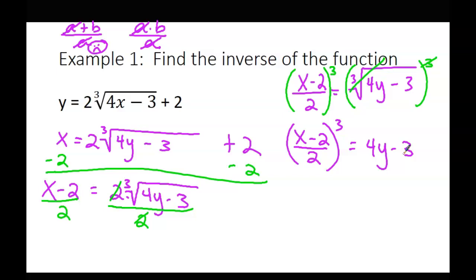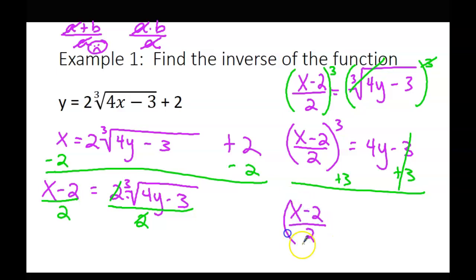And from here, I think we kind of know what to do. If we want to get y by itself, we would add 3 to both sides. Notice that you're not going to be able to add that 3 to the purple part because that purple part is being cubed. Oh, that's supposed to be a 3.